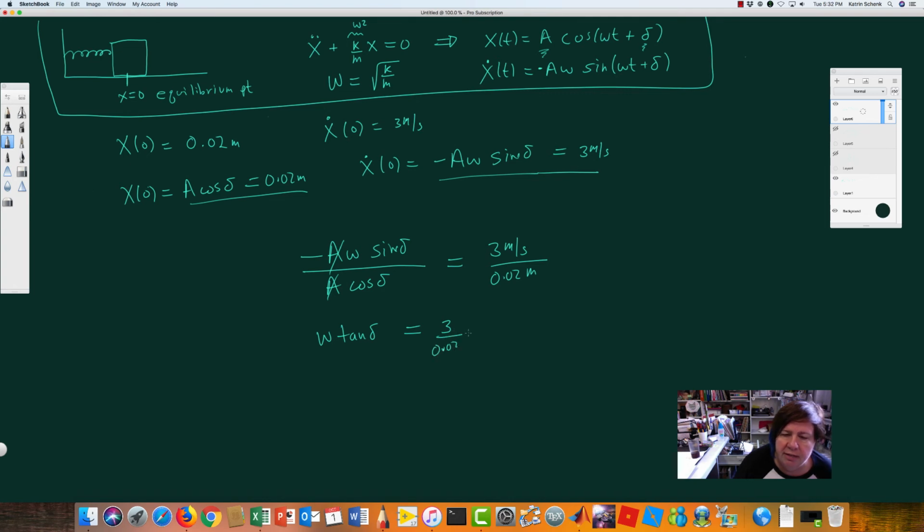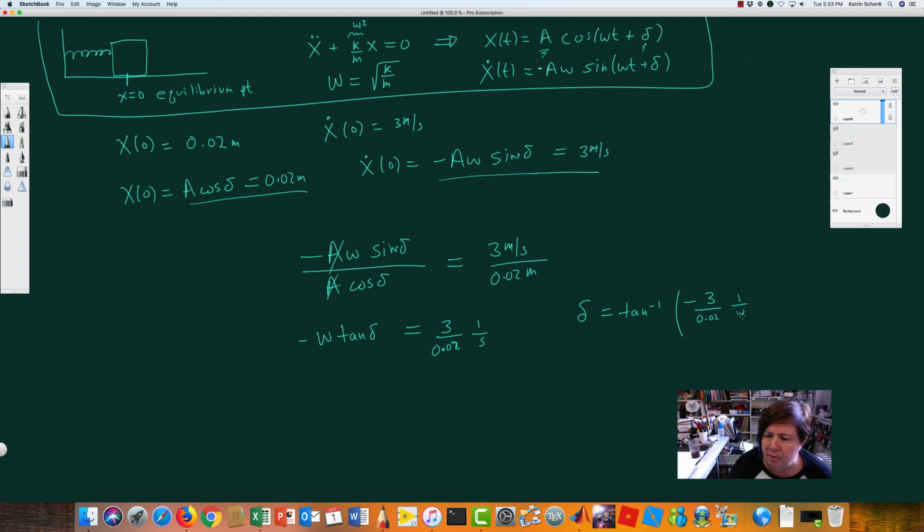And on this side, I get omega times the tangent of delta is equal to 3 over 0.02. I'm not even going to calculate that. And then the units are 1 over seconds. Okay. And obviously, you can solve for delta, which is the arctangent. And I lost my minus sign. There we go. Arctangent of negative 3 over 0.02, and then over omega, so 1 over omega.